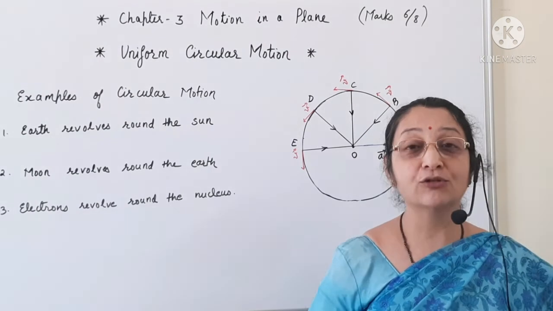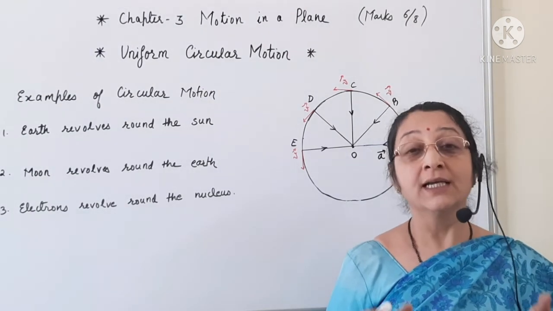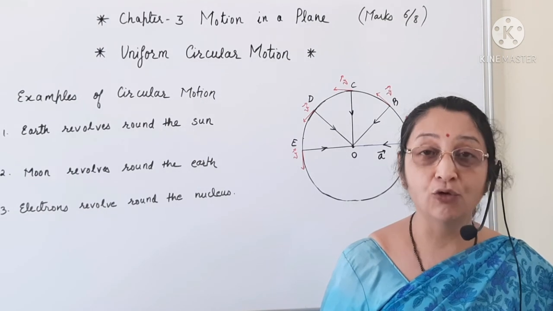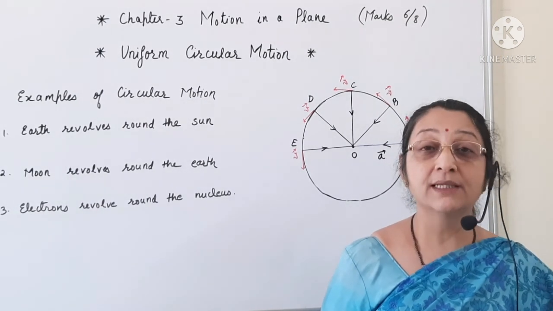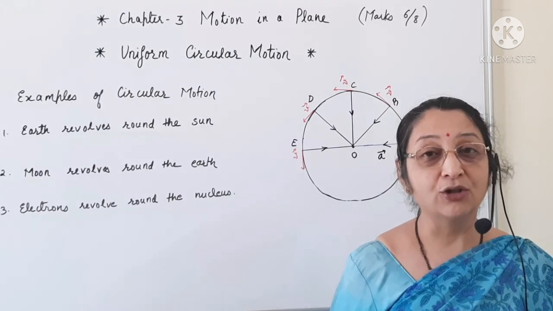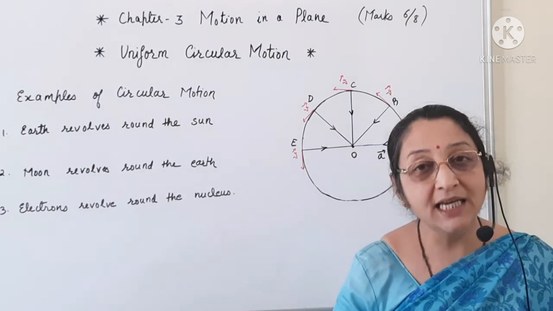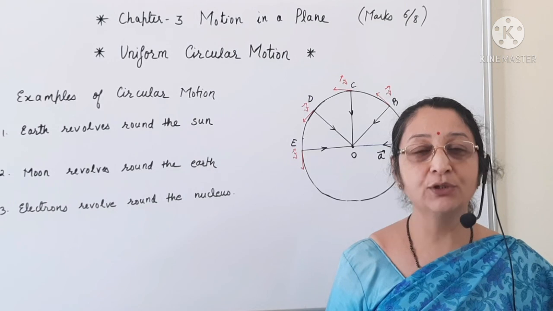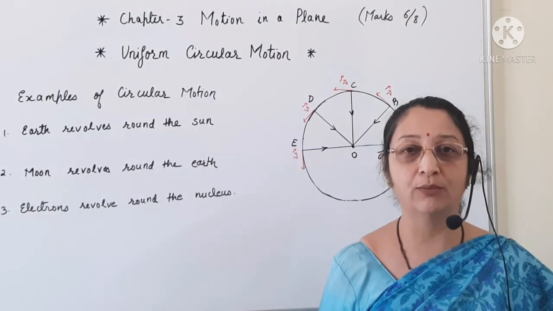Due to this electrostatic force of attraction supplying the necessary centripetal force, the circular motion of the negative electrons around the positive nucleus takes place. So these are some examples of circular motion.